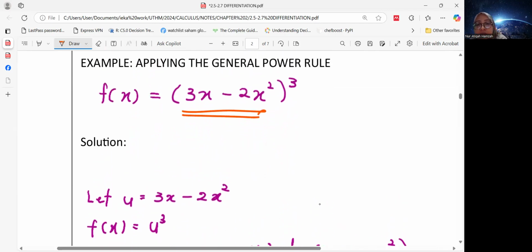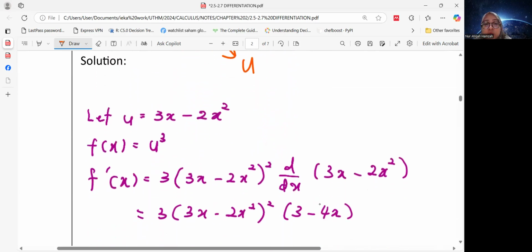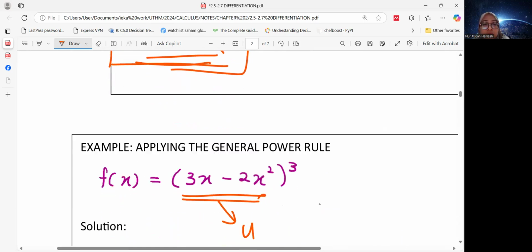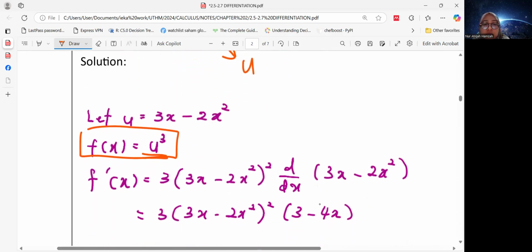This inner part, we change it into u. So we know that f(x) is u to the power of 3. So if we want to use the general power rule, this is the formula: n u to the power of n minus 1 times u prime. Okay, apa maksudnya kat sini?